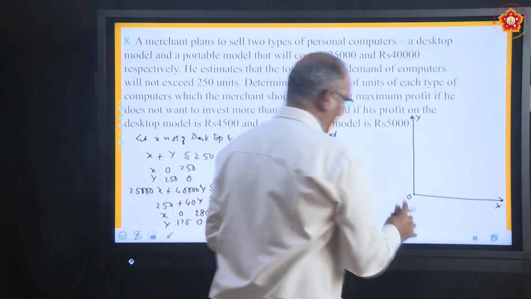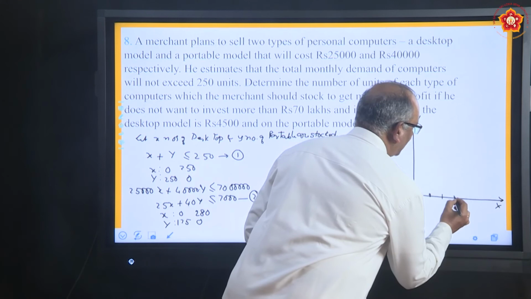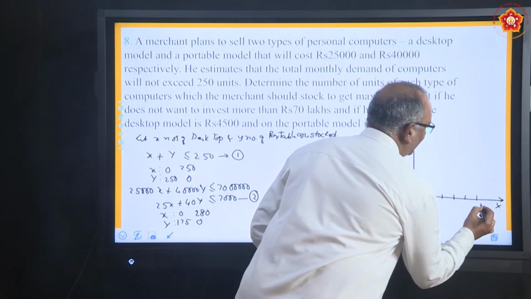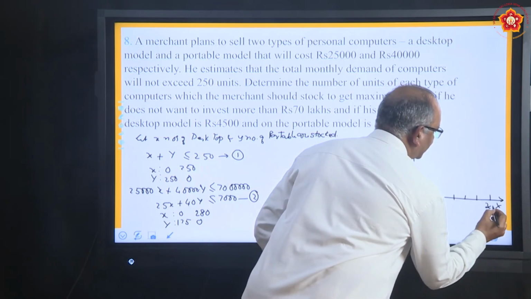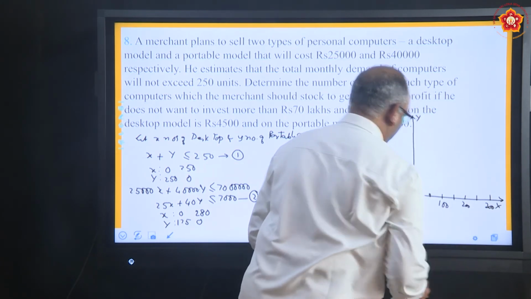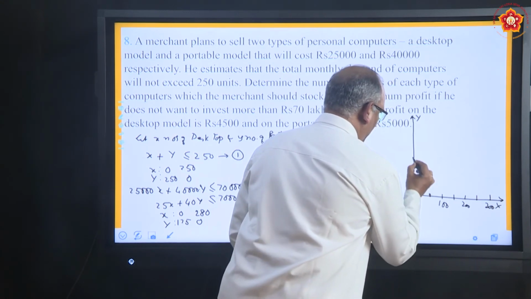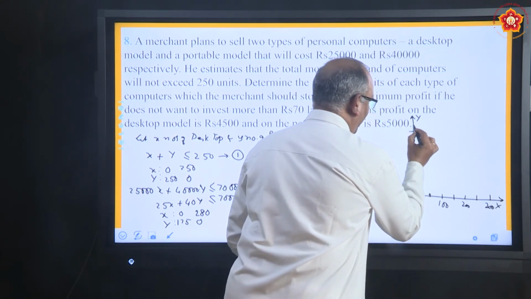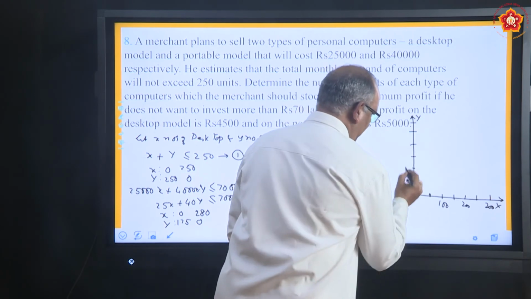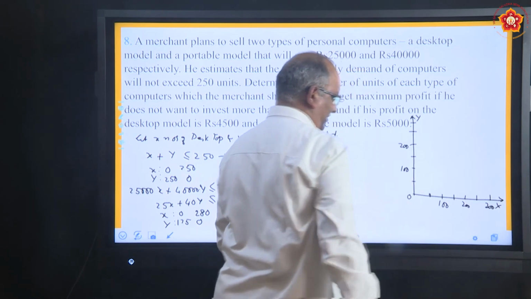So let us say 50 each; we take 1, 2, 3, 4, 5, 6. Let us say this is 100, this is 200, and that is 300. Similarly on the y axis, this is 100, this is 200, and that is 300.